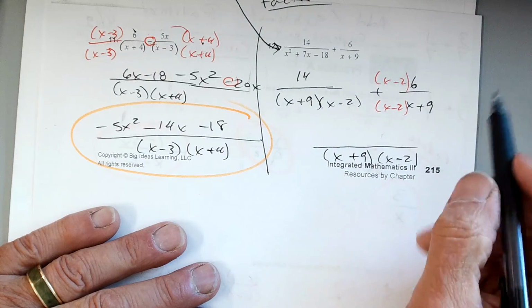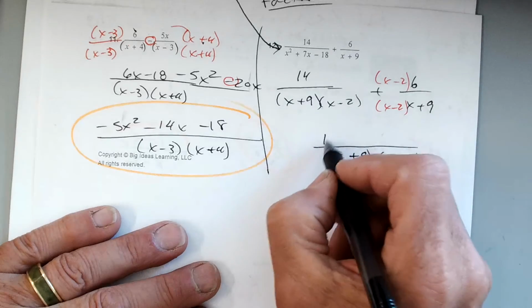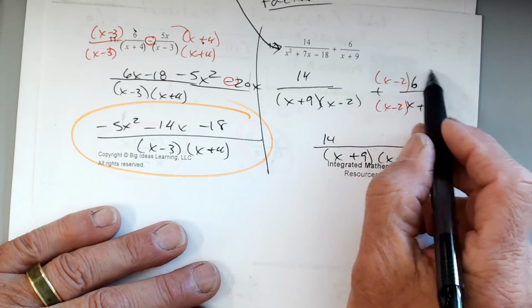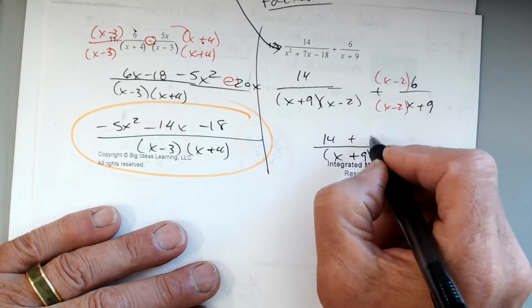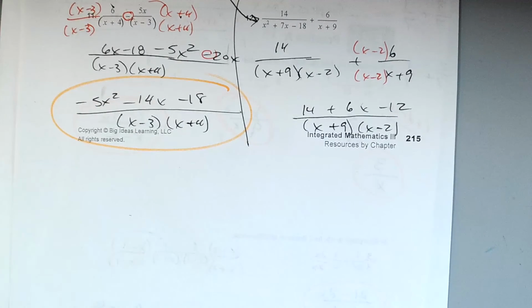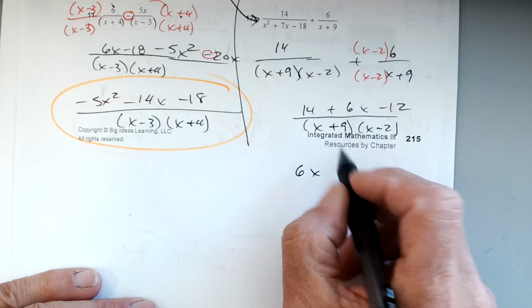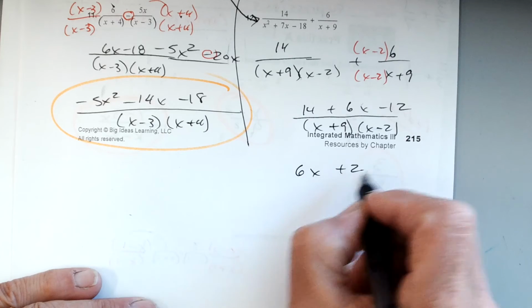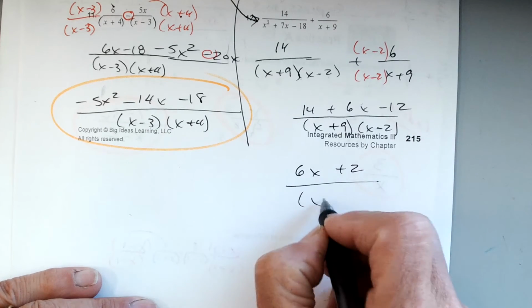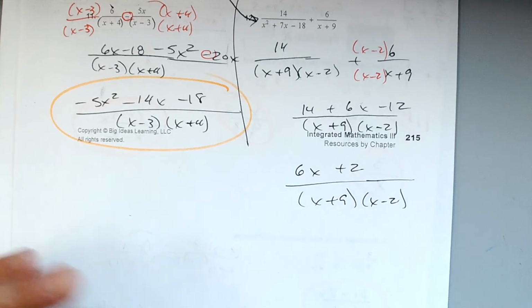And then my numerator, let's see, I'll have a 14 plus a 6x minus 12. And then I'll have a 6x plus 2 over an x plus 9, x minus 2.